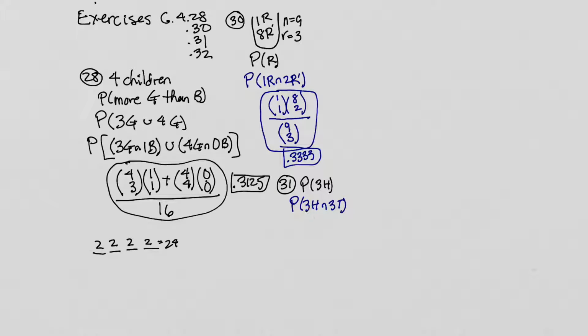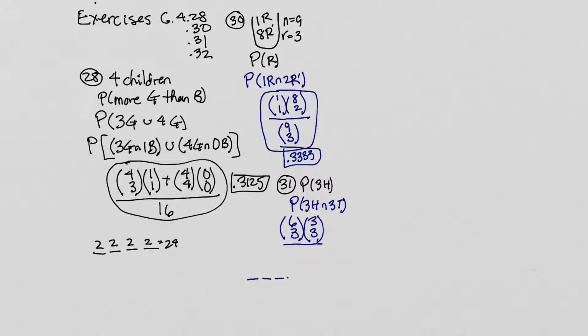Now, how can I get the 3 heads? We're going to toss this coin 6 times, and I want any 3 of those tosses to be heads. Then, for the 3 tails, we've tossed it 6 times and already selected 3 to be heads, so there's 3 left, and we want all 3 of those to be tails. Now the denominator: we're tossing this 6 times.